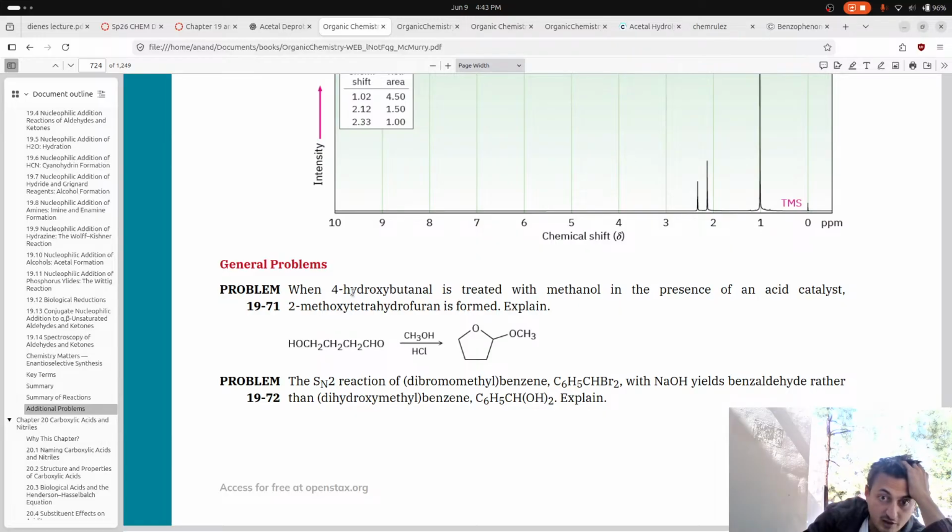And then we have what? Methanol and acid. And tetrahydrofuran methyl 2-methoxy. 2-methoxy tetrahydrofuran is formed. Explain.